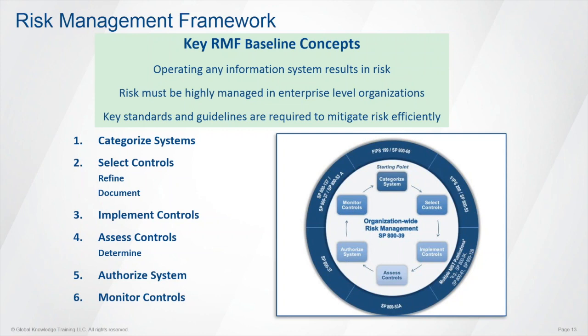Once you've done that and categorized them correctly, you can begin to select controls that mitigate risk. So any system that's actually operating in a live environment has some sort of risk. So you have to select the appropriate controls, and that means depending on the importance of the system, the sensitivity of the system, et cetera, you select controls that are appropriate. Then you implement those controls.